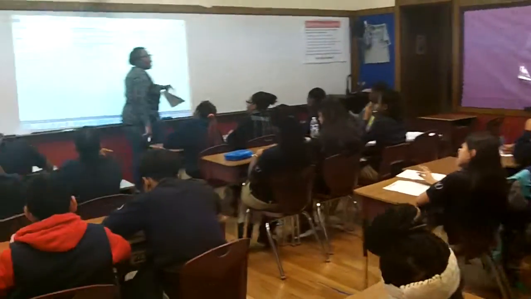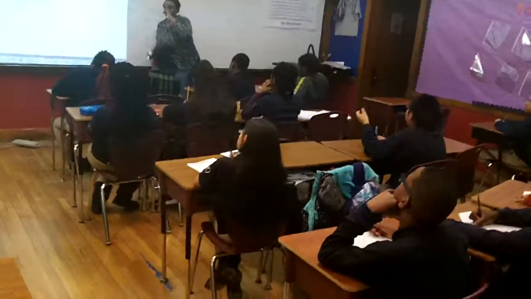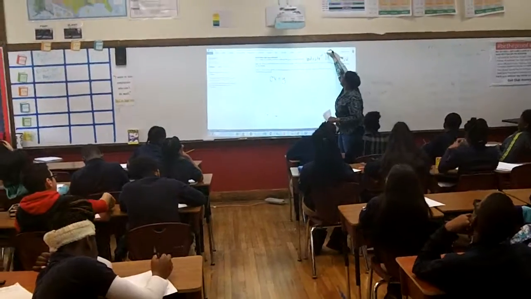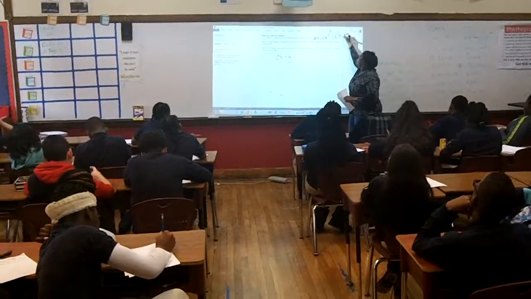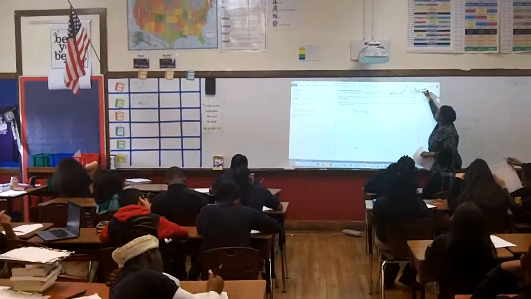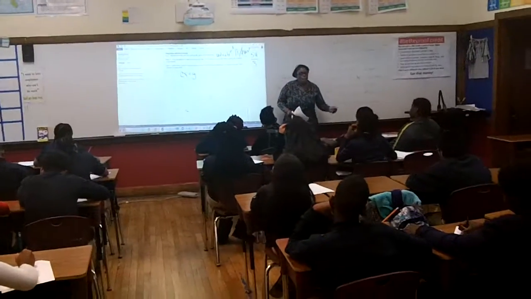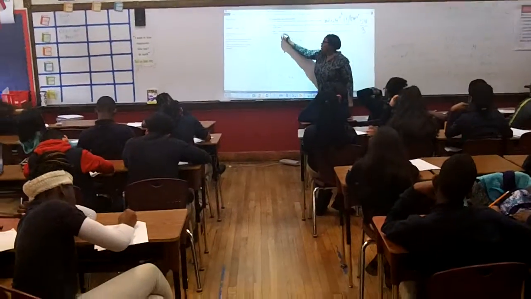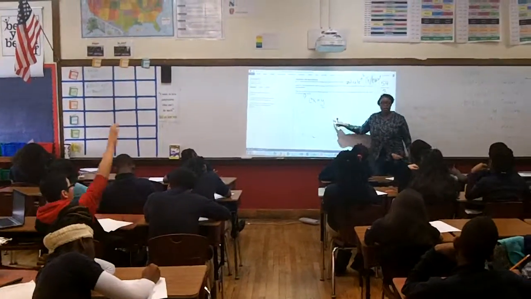What's our unit rate? How much money does he make per hour? Class on 3, 1, 2, 3. $18. Good. So he makes $18 per house. What does that stand for? What does $18 per house stand for? Think about our equation. What part would that be?